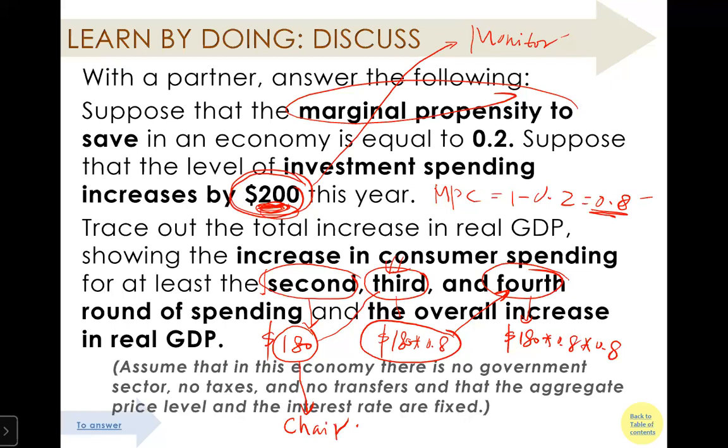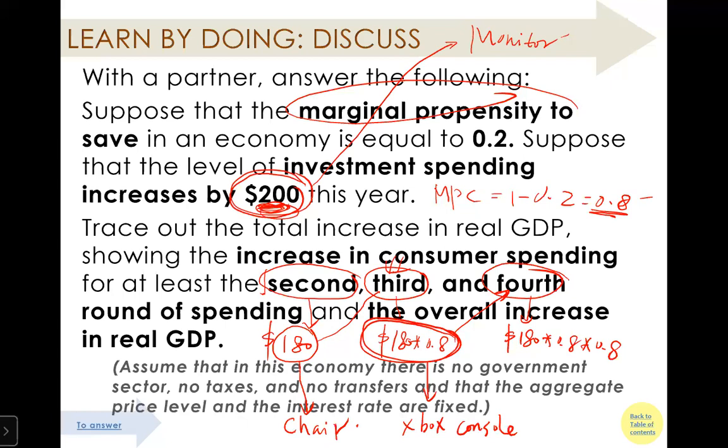Now in the third round, whoever sold the chair is going to spend this amount, let's say, for example, to buy an Xbox console, right?